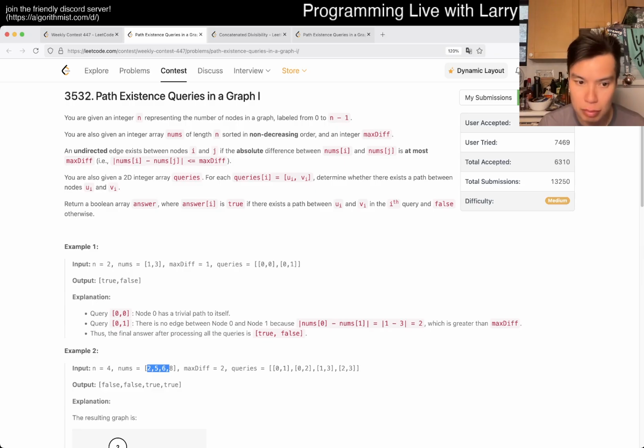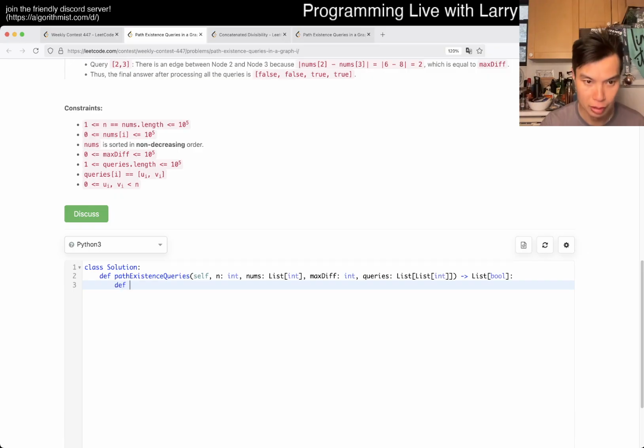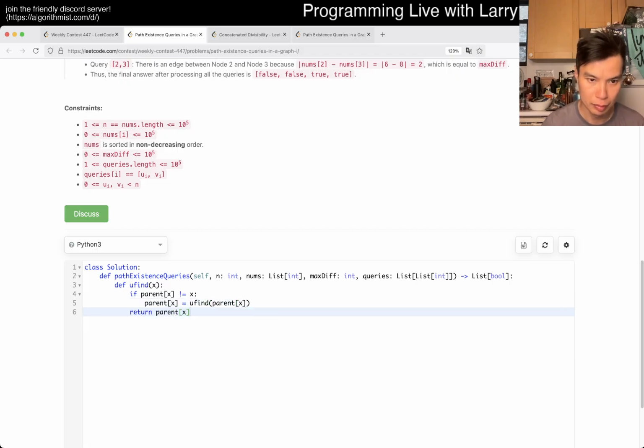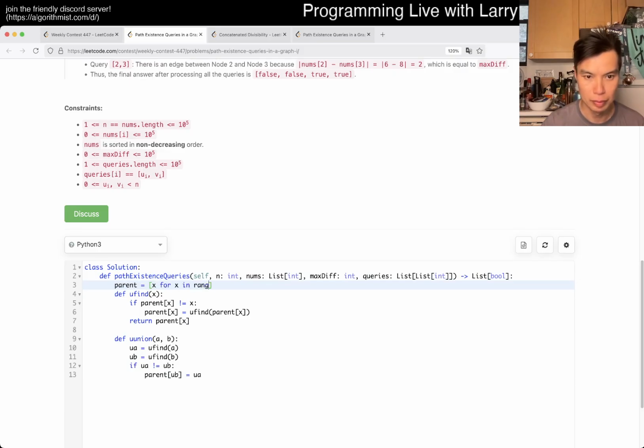I'm trying to think whether I want to do union. Fine, let's do it. I was debating it too much. Right, is it one indexed or 0 indexed?